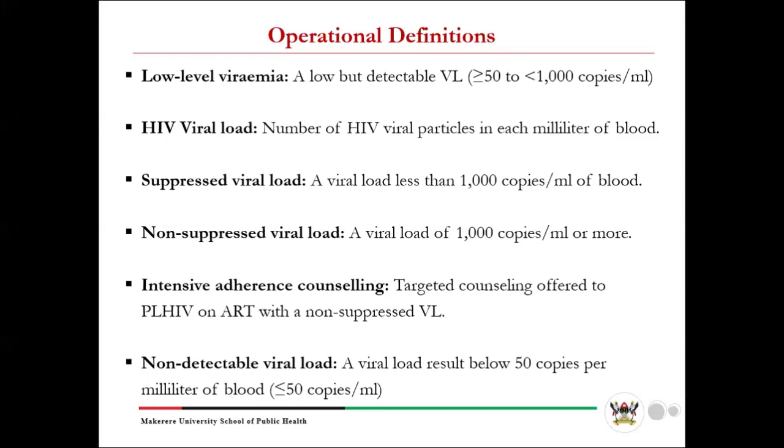A non-suppressed viral load means a viral load of 1,000 copies per mil or more. Intensive adherence counseling means targeted counseling offered to people living with HIV having a non-suppressed viral load. And a non-detectable viral load means a viral load result below 50 copies per millimeter of blood.